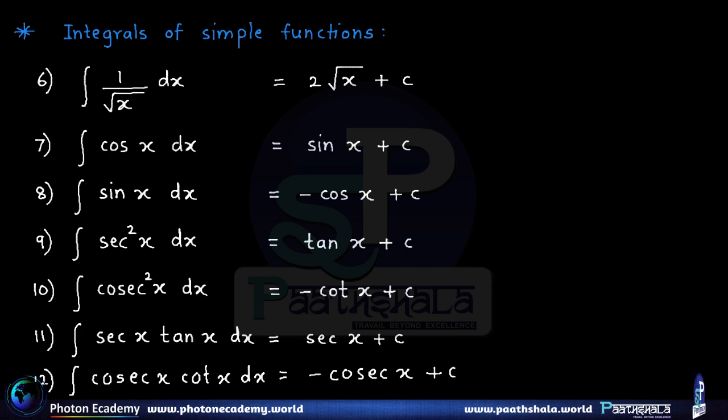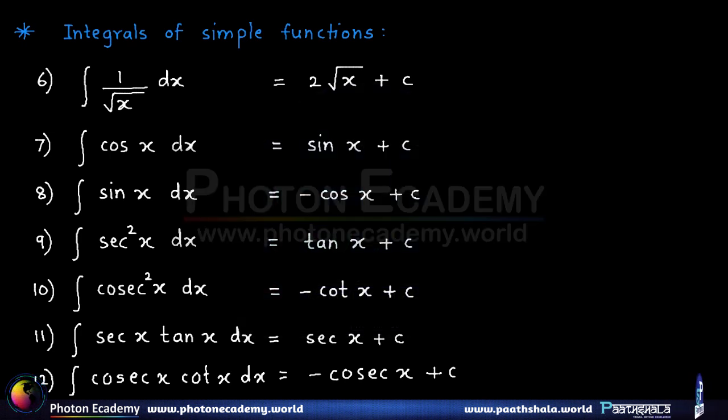Alright, here we have the integral of 1 upon root x, that is nothing but 2 into root of x. Now let us see the details of this procedure in case it's not clear. As an example, let us see 1 upon root x.